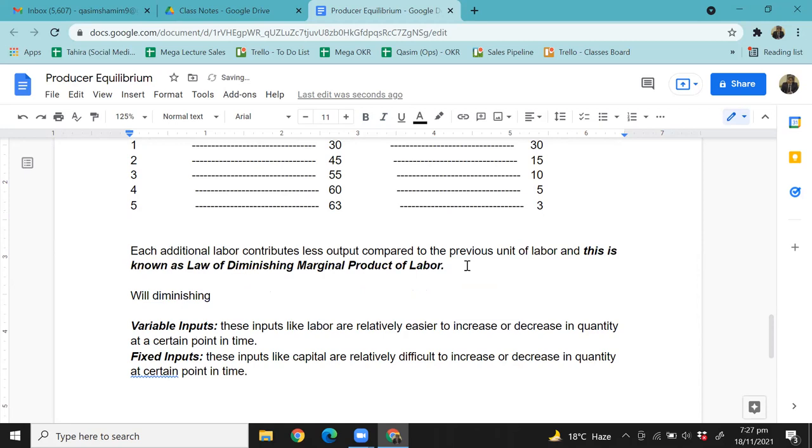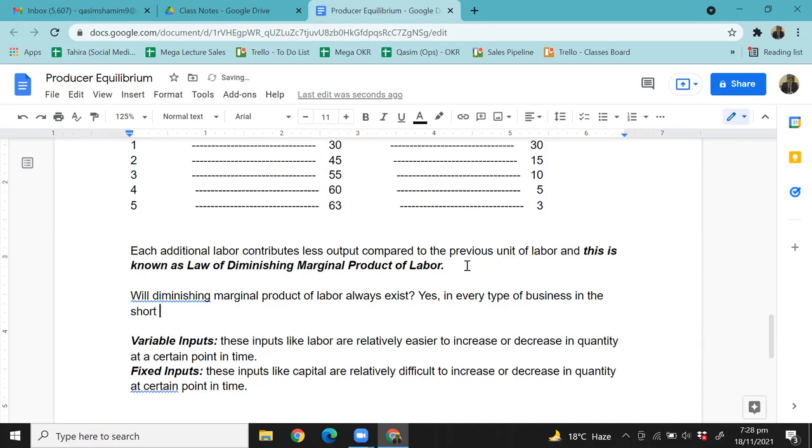Diminishing, yes, right? So in every type of business, in the short run, this concept will hold true.